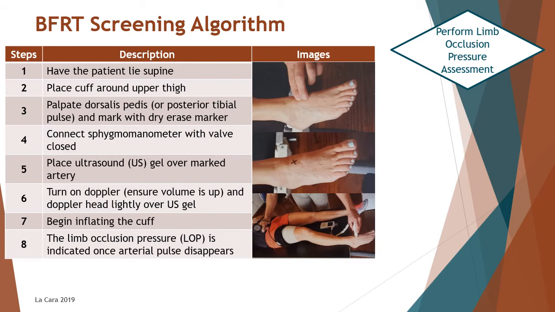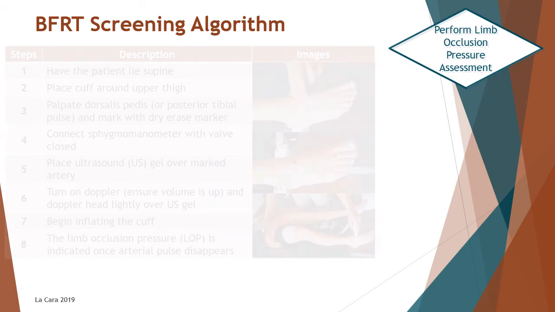You will then gradually pump up the pressure until the audible sound of the pulse disappears, at which point you would document the amount of pressure in millimeters of mercury that it took to completely occlude the limb.